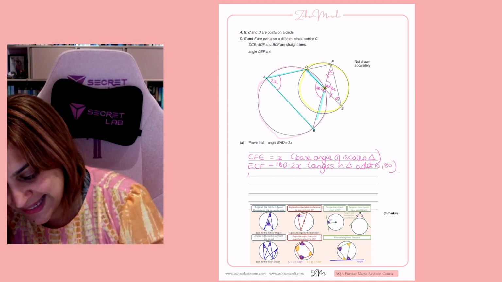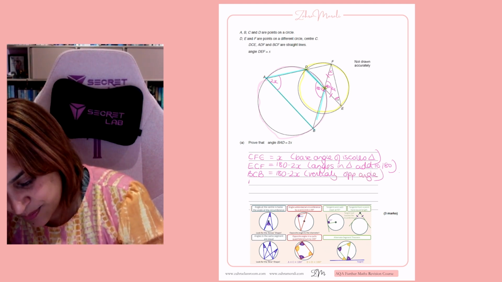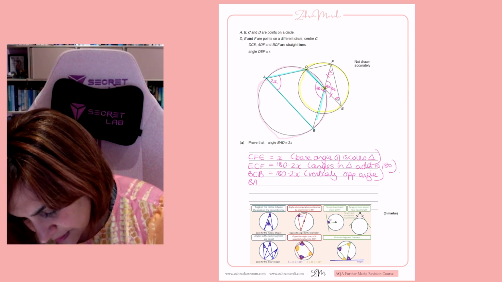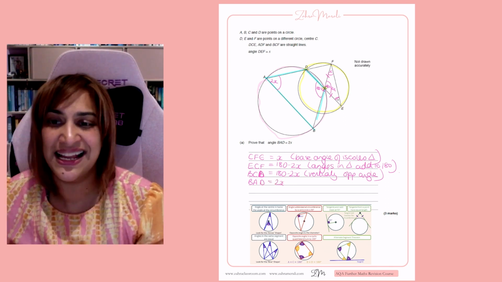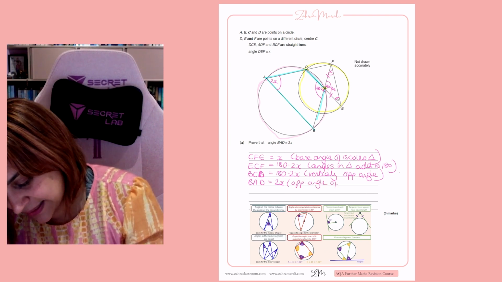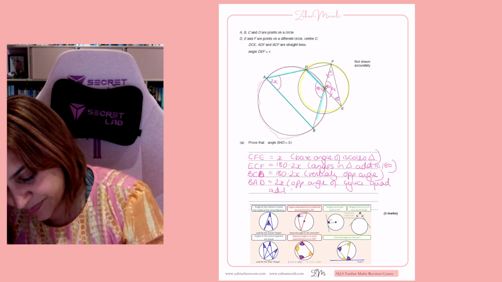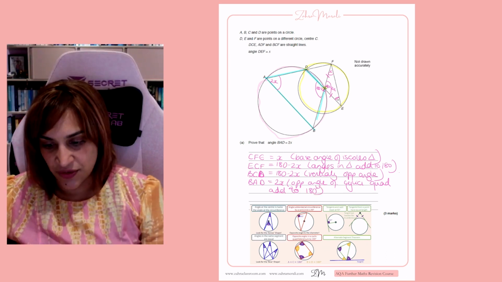And then we can say DCB equals 180 minus 2x, and that's vertically opposite angles. And then finally, we get to BAD, which is 2x, and that's where we write the opposite angles of a cyclic quadrilateral add to 180. Okay, so that's this one here.